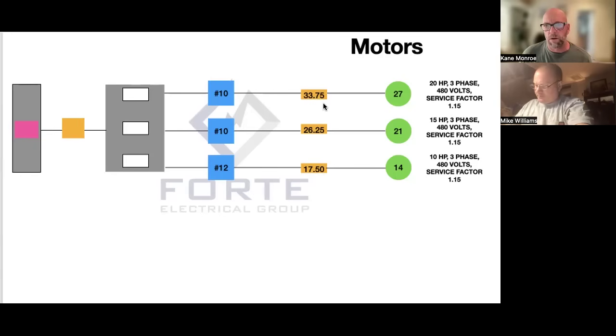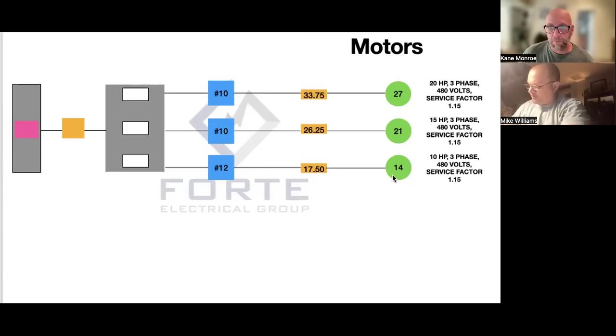Now, rule number 2 tells us to take 100% of the FLC of all the other motors. That goes back to the first thing that I memorized. So for step 5, you have 21 and 14 in this situation, and that's 35.